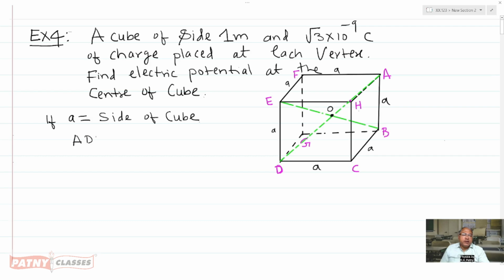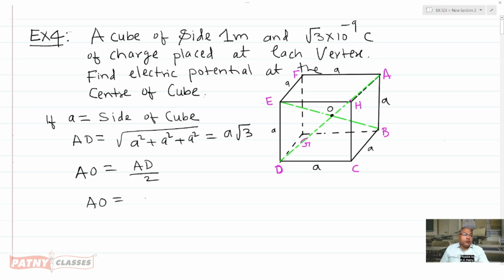AD is given by under root of A square plus A square plus A square, equals A root 3. And O is the center of the cube. Therefore, AO is half of AD. Therefore, AO equals root 3 A divided by 2.